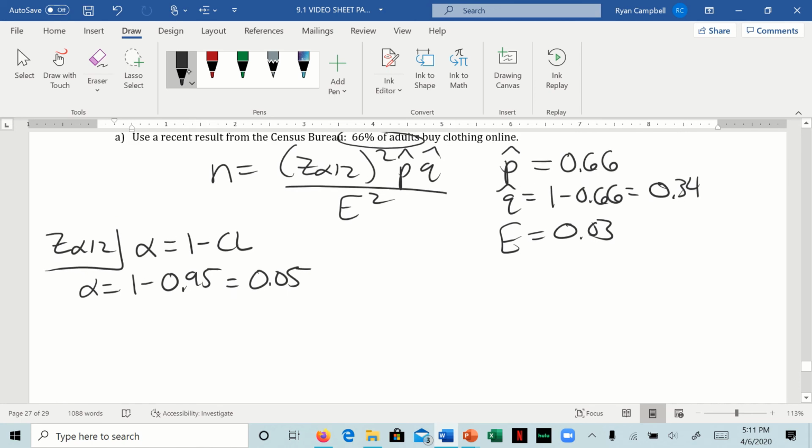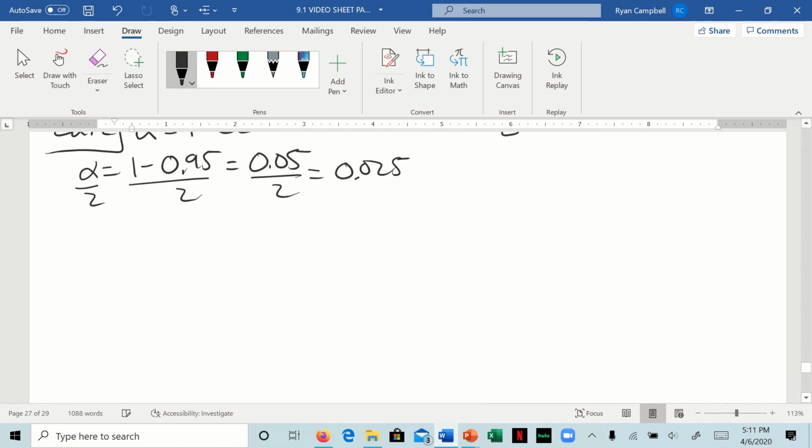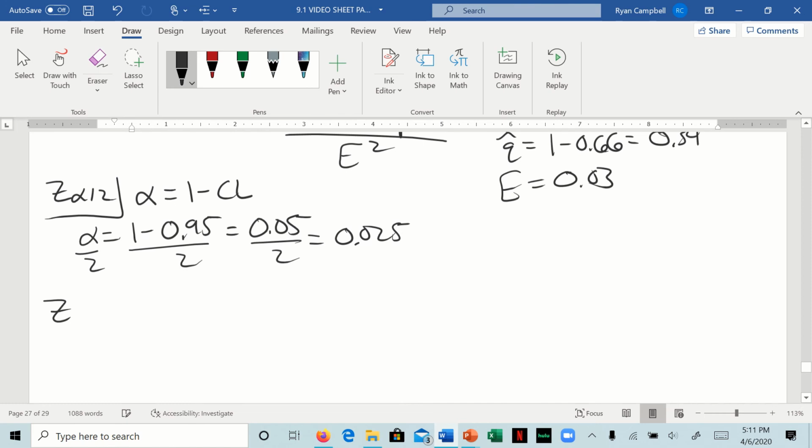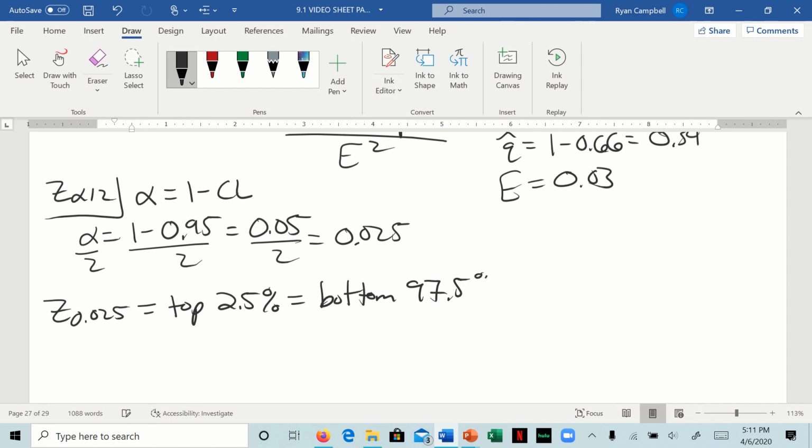No, we want alpha divided by 2. So we just divide all that by 2, and we get 0.025. So that means we want the critical value of 0.025. So that's the top 2.5%, right? Which means it's the bottom 97.5%.